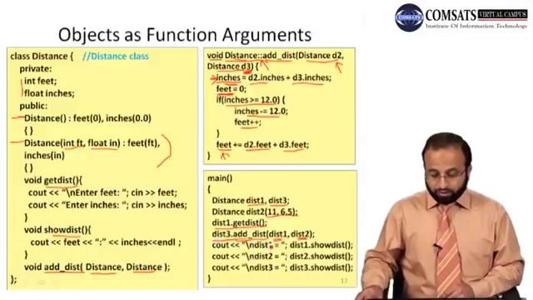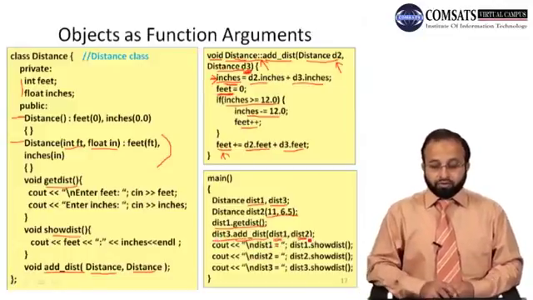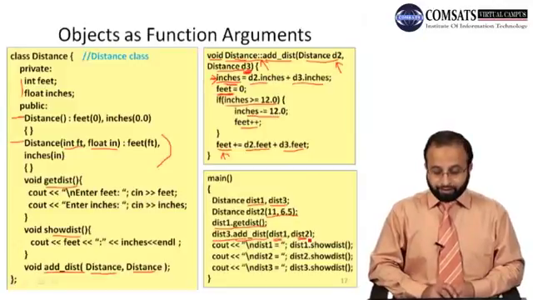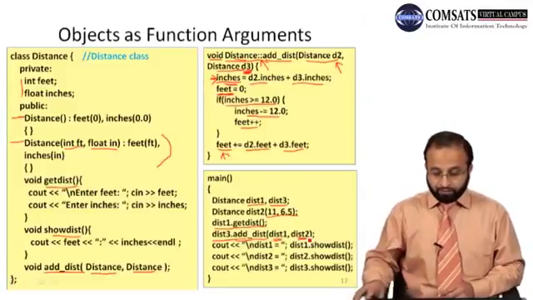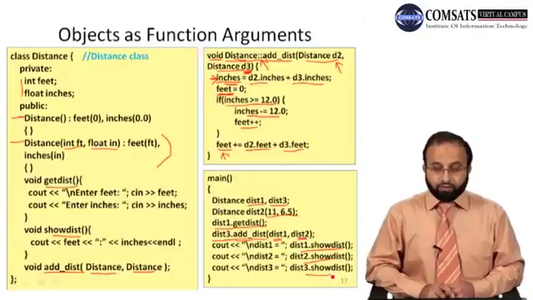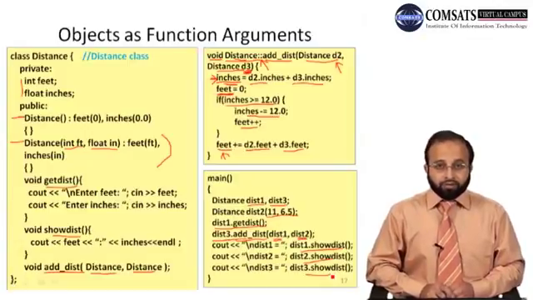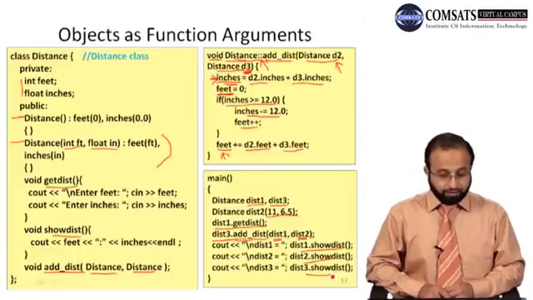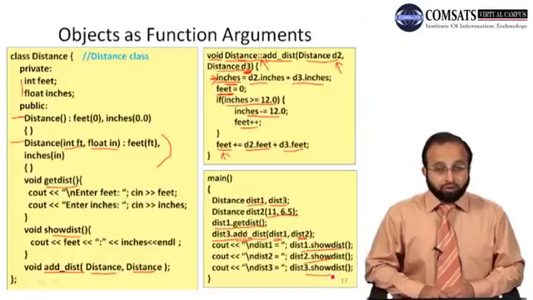So dest1 और dest2 की values they will be copied to d2 and d3, and then we call show dest function with these three objects, dest1, dest2 and dest3. Now in this particular example what we are doing is we create three objects, and we initialize the value of one object by using the constructor with 2 argument.